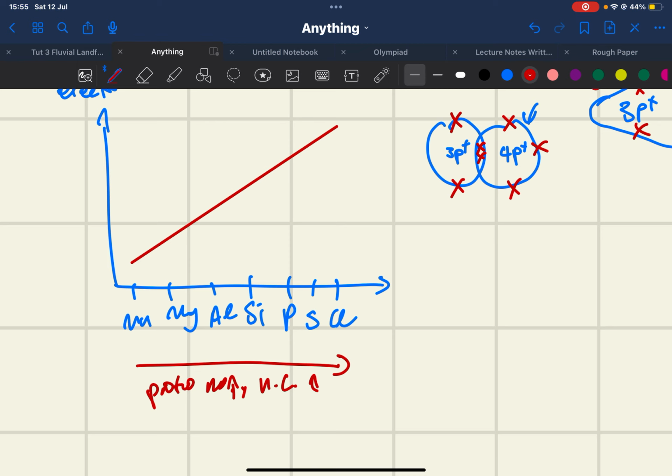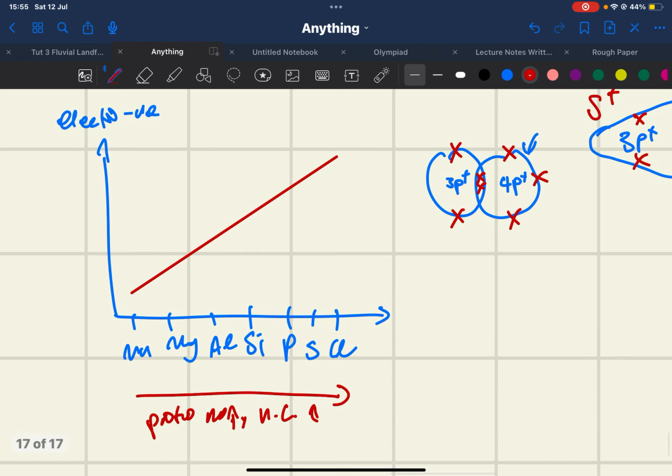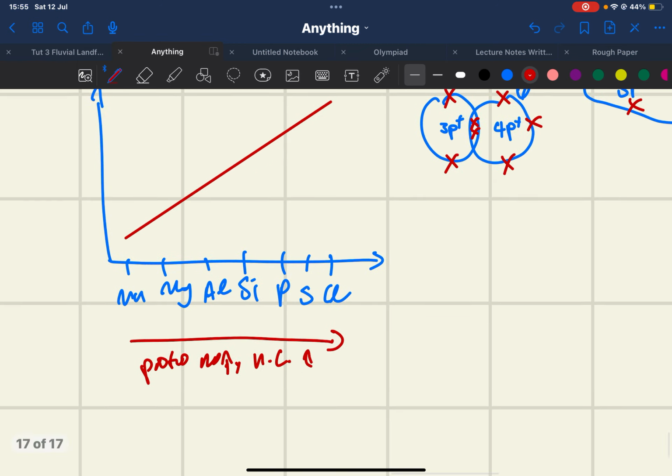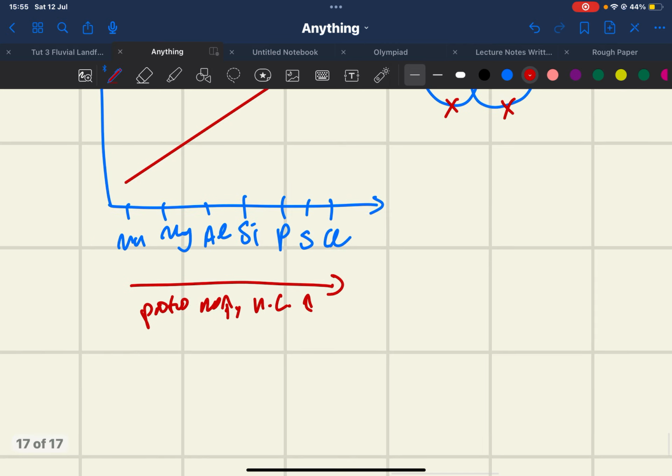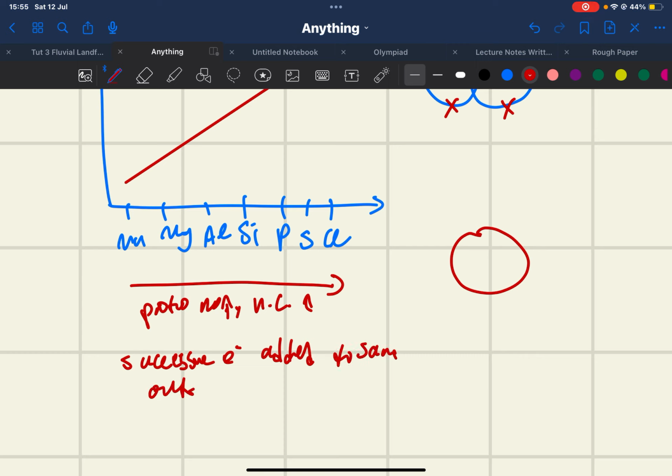And when it increases, successive electrons, again we talk about successive electrons because we talk about atoms only, are added to the same, keyword is same, outermost electron shell.